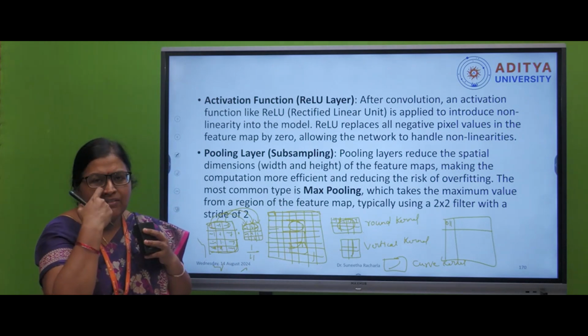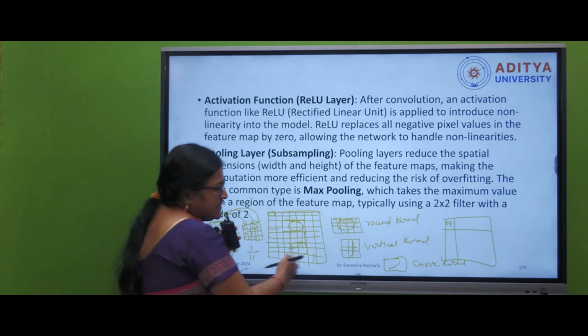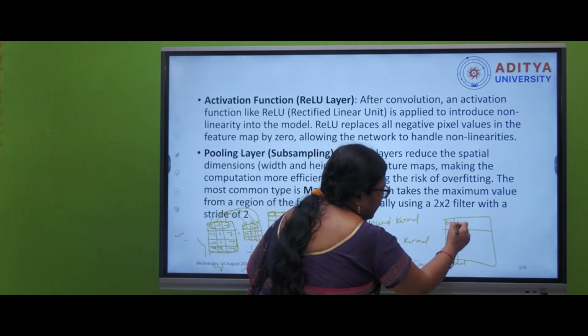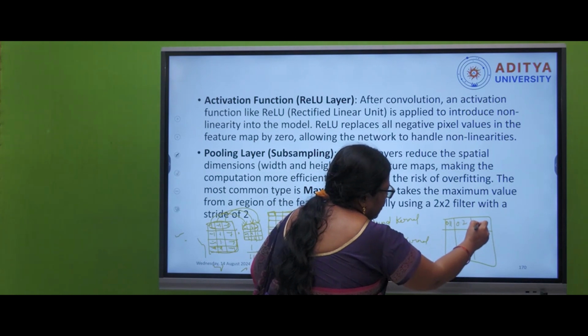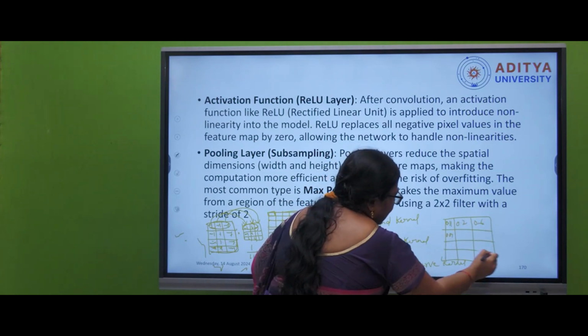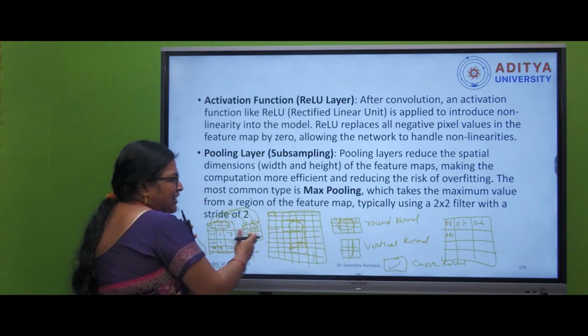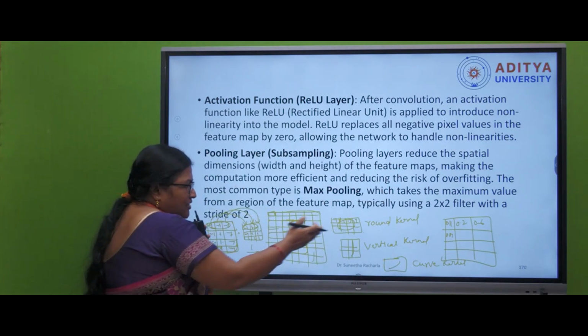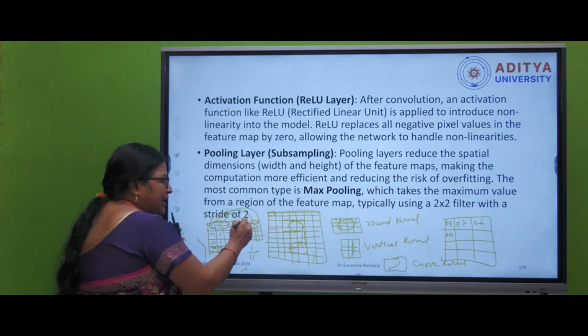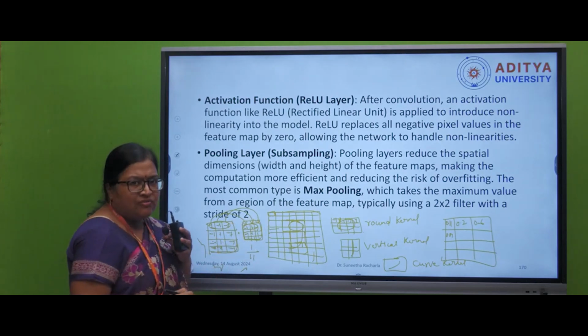So let's say I got 0.11 here, 0.2 here, some 0.6 here, 0.01 here. Let's say all these values I got by applying filters. This is only when I apply a round filter.